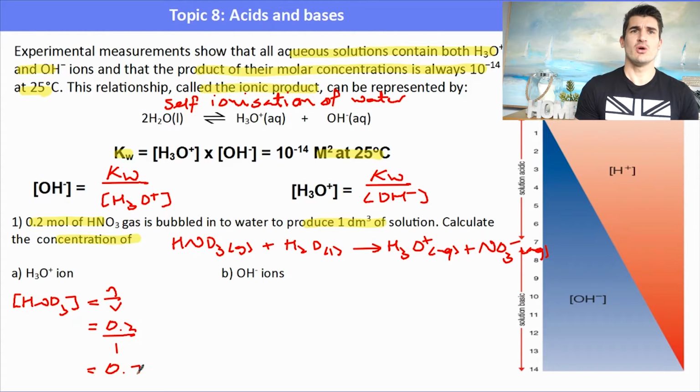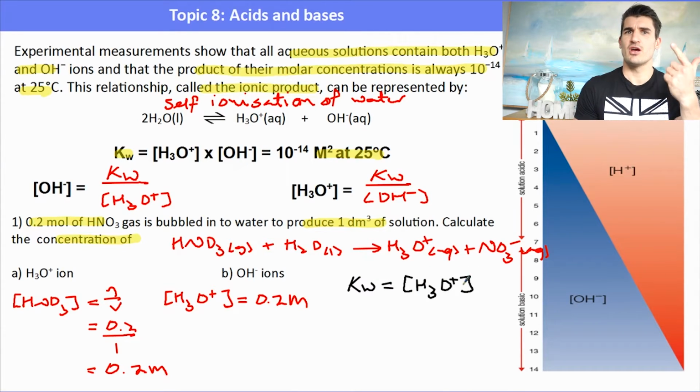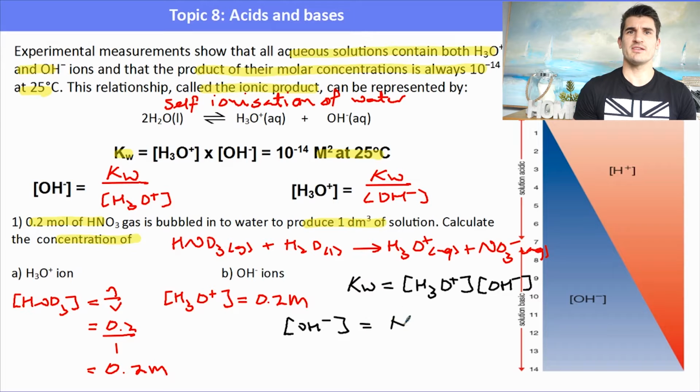From the equation, we know that the H3O+ concentration is the same as the HNO3 concentration because it's a 1-to-1 ratio in the equation. Now, to determine the OH- ions, we need to use Kw. Kw, the ionic product of water, is equal to the concentration of H3O+ multiplied by the concentration of OH-. Rearranging that formula, we can work out the OH- by doing Kw divided by H3O+.